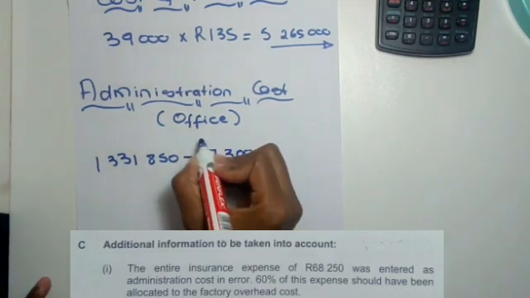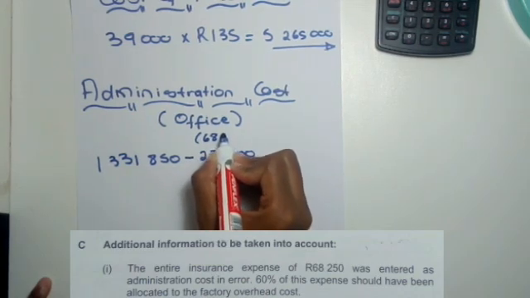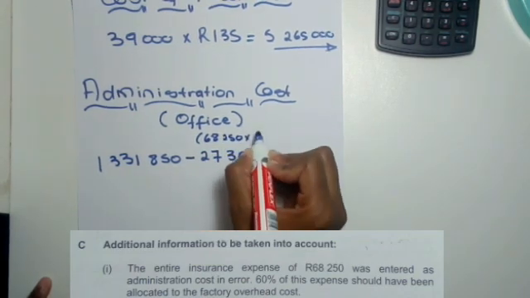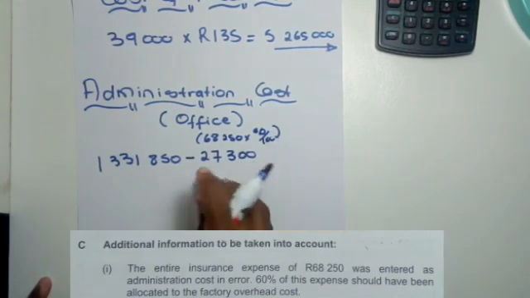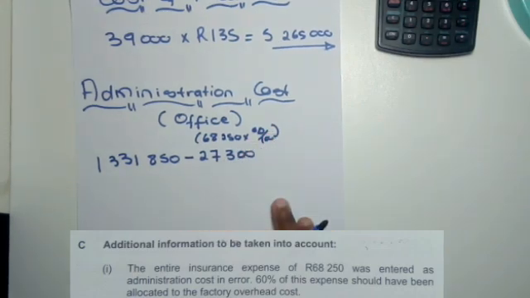And in case you forgot how we got this amount, we took the 68,250 and we multiplied it by 60 over 100, and it gave us this 27,300. That's how we got that amount.